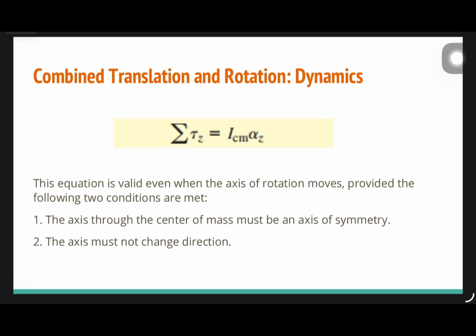Next, then combined translation and rotation. Meron tayo ditong equation. So, this equation, the sum of torque is equal to I times alpha, or the angular acceleration. This equation is valid even when the axis of rotation moves, provided the following two conditions are met. The axis through the center of mass must be an axis of symmetry, then the axis must not change direction.